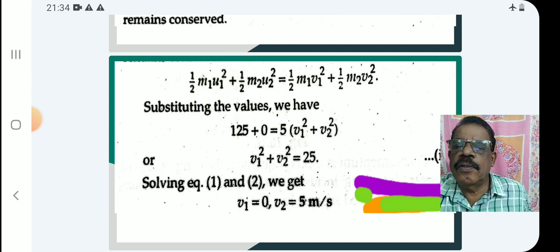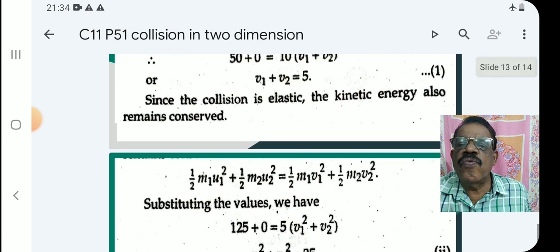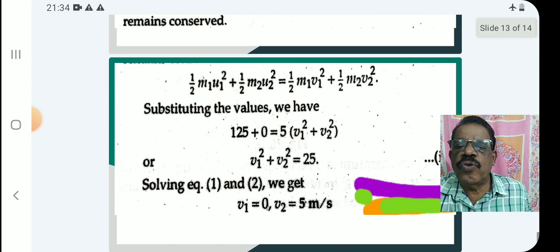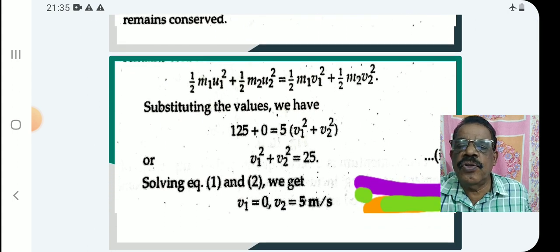So here mass is 10, 10 into 5 square is 250, u2 is 0, and on the other side 10 into v1 square plus v2 square, so v1 square plus v2 square is 25. Solving 1 and 2, we have v1 plus v2 is 5, and v1 square plus v2 square is 25.